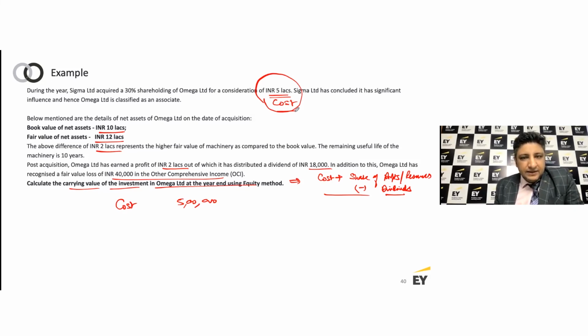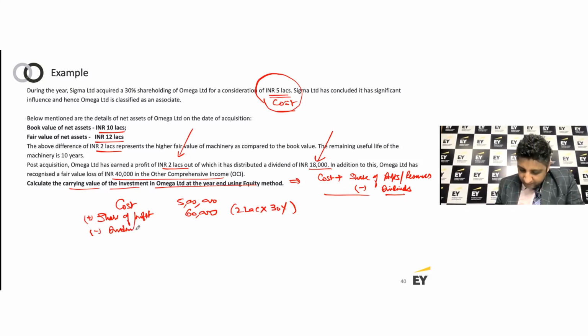Okay. Now, Omega made a profit of 2 lakh rupees, out of which 30% pertains to me. So that's my share. Okay. And then Omega declared a dividend of 18,000. So the dividend share will be 18,000 into 30%, right?